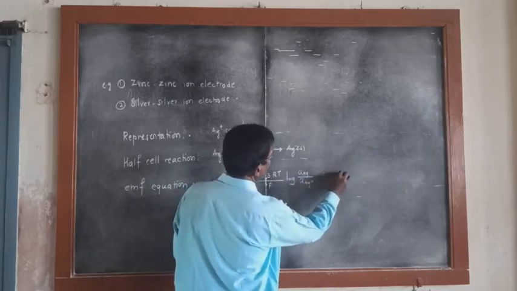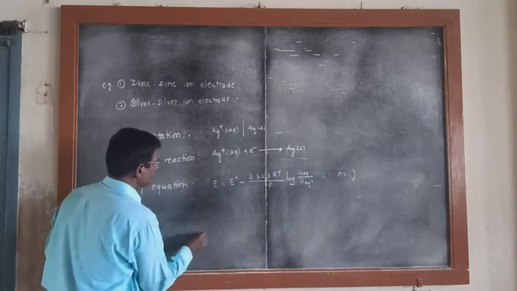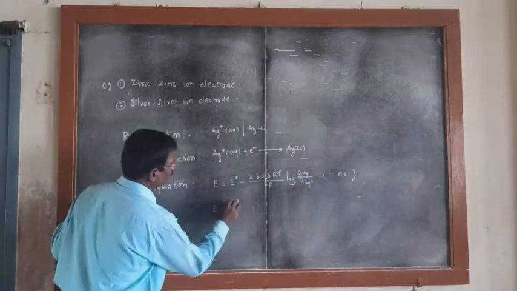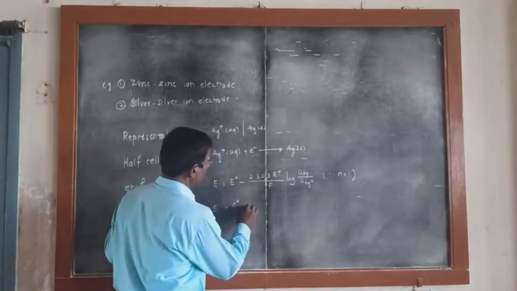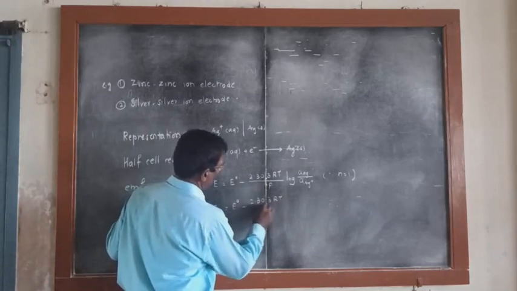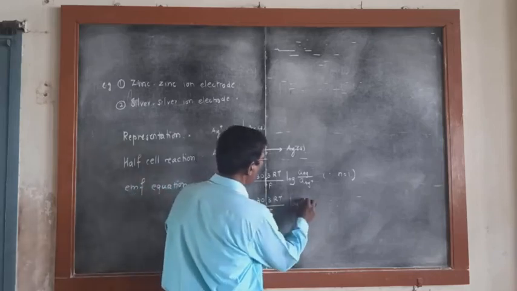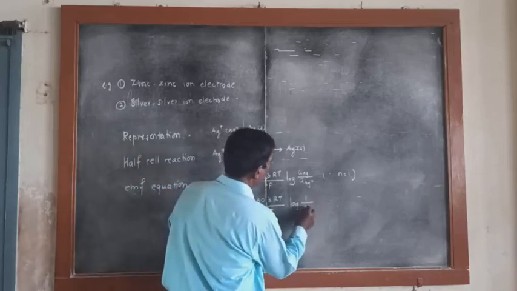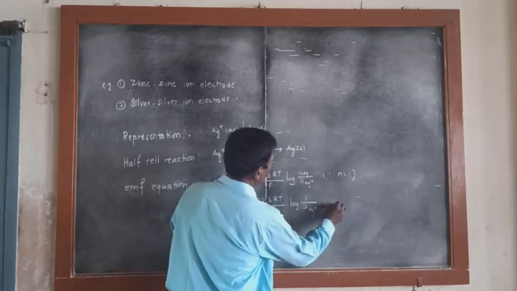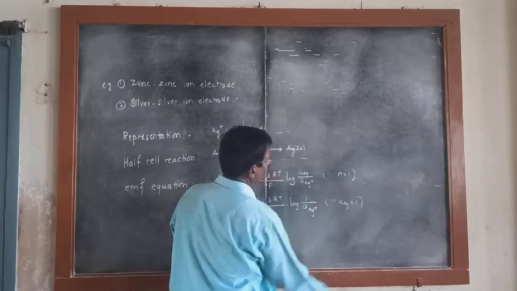Since n is equal to 1, therefore this equation can also be written as E is equal to E0 minus 2.303 RT upon F into log of 1 upon activity of Ag+ ions. Here activity of metal is considered as 1.